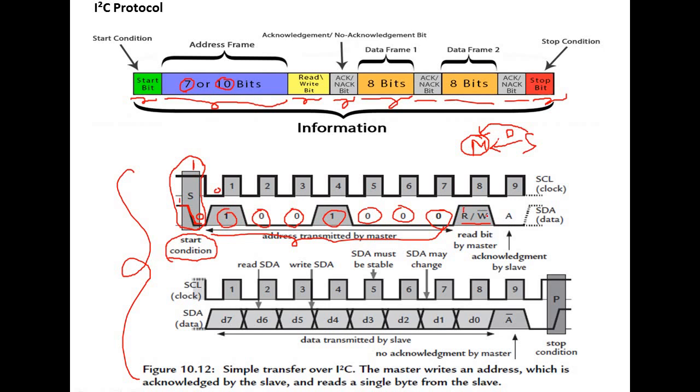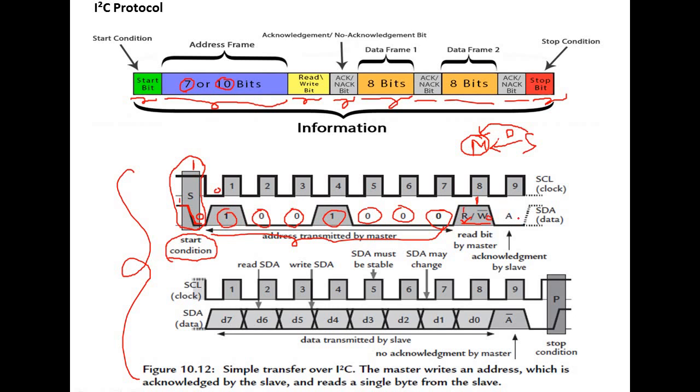In this example, the master wants to read data from the slave, so we make this signal logic 1 because read is an active high signal. If the signal is logic 1, the master is trying to read data from the slave.